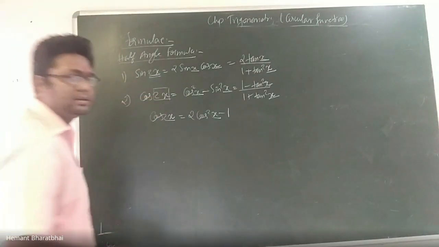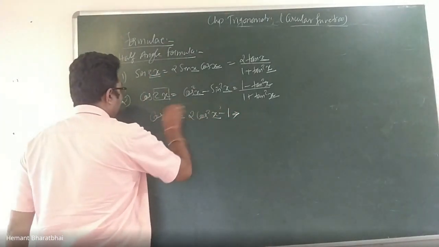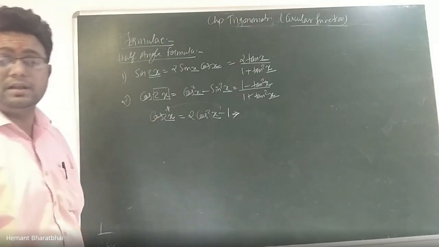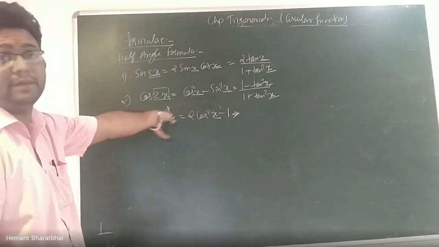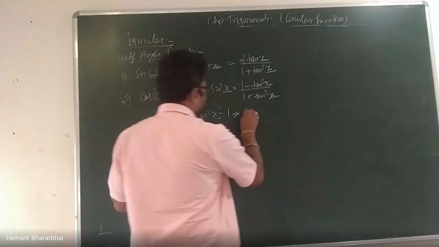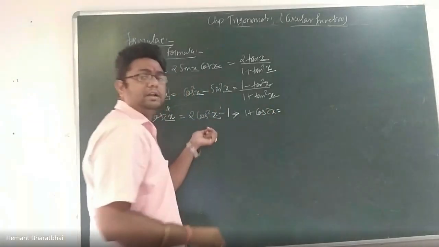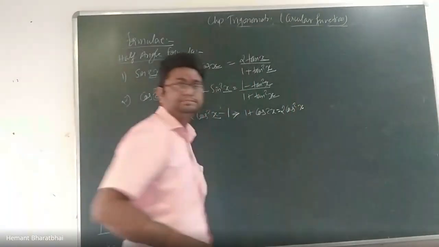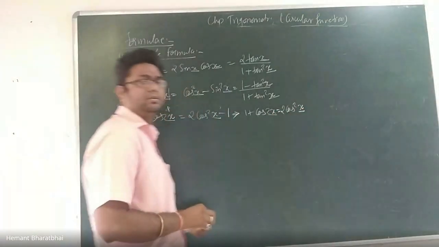This can be written in one more very important form, because in integration, derivatives and many derivations in your physics you are going to use it. The minus 1 when it comes over here becomes plus 1, so my left side becomes 1 plus cos 2x, and on the right side only 2 times cos square x remains. Again, 2x is getting converted into x.